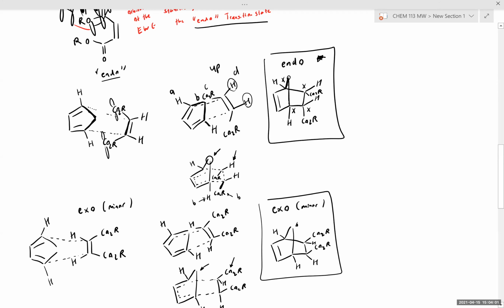Does that part make sense? Does everyone see how the relative stereochemistry for the alkene substituents directly translates to the relative stereochemistry in the endo product? Does that first part make sense?